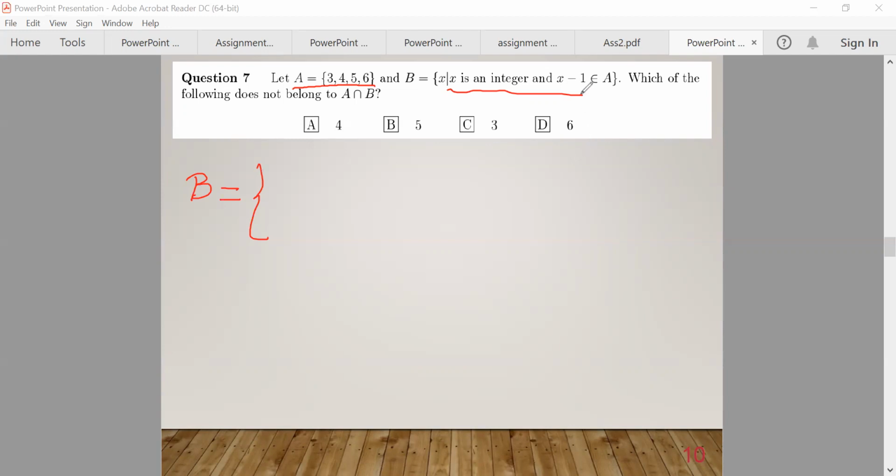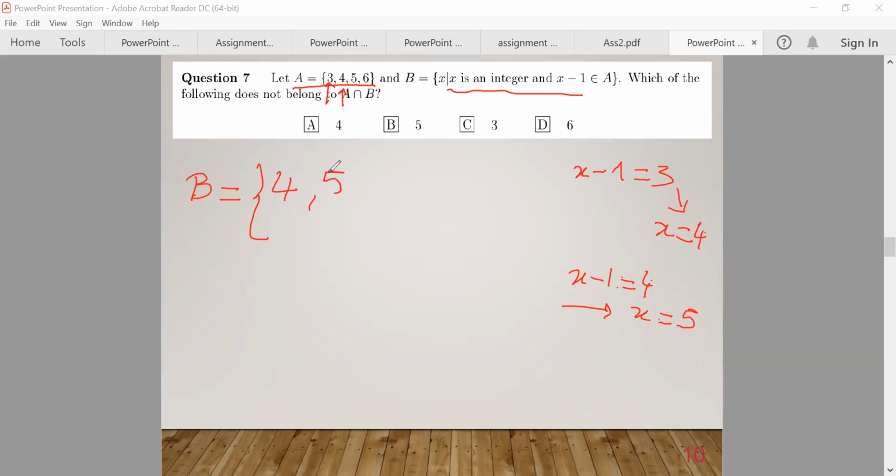So what are the solutions? What are the elements of A? Either X minus 1 equals 3, the first one. In this case X is 4. Then 4 is an element of B. It's an integer, and if we remove 1, we get an element of A. The second option is that X minus 1 equals 4, so X equals 5.